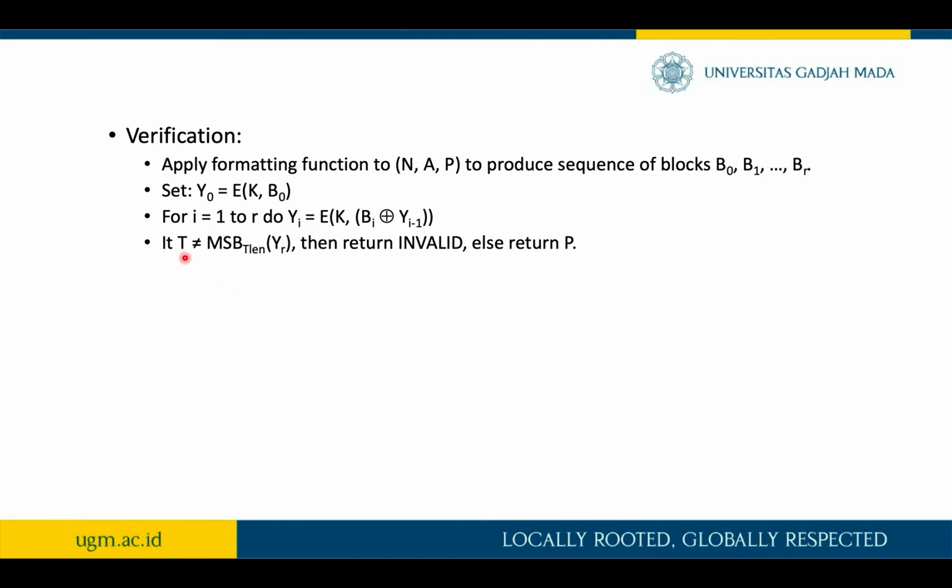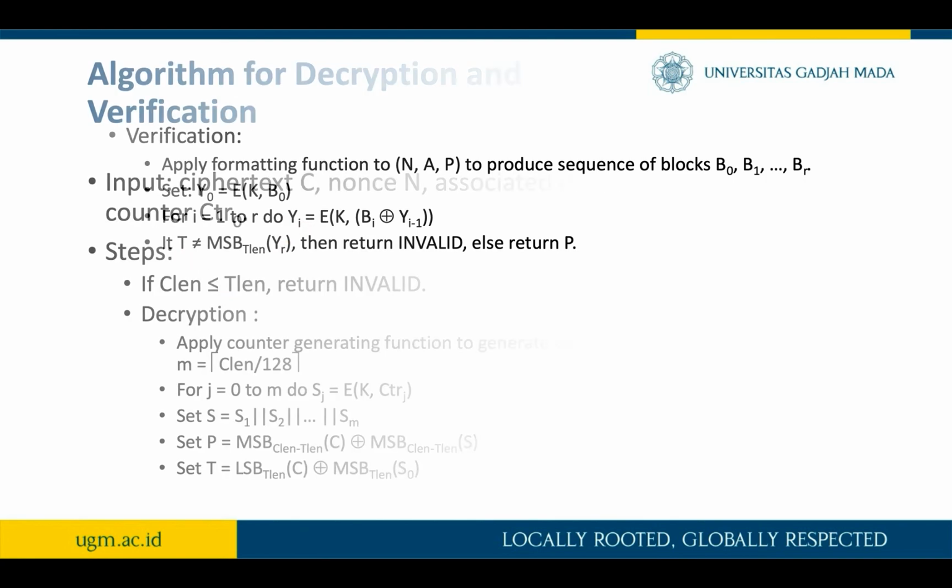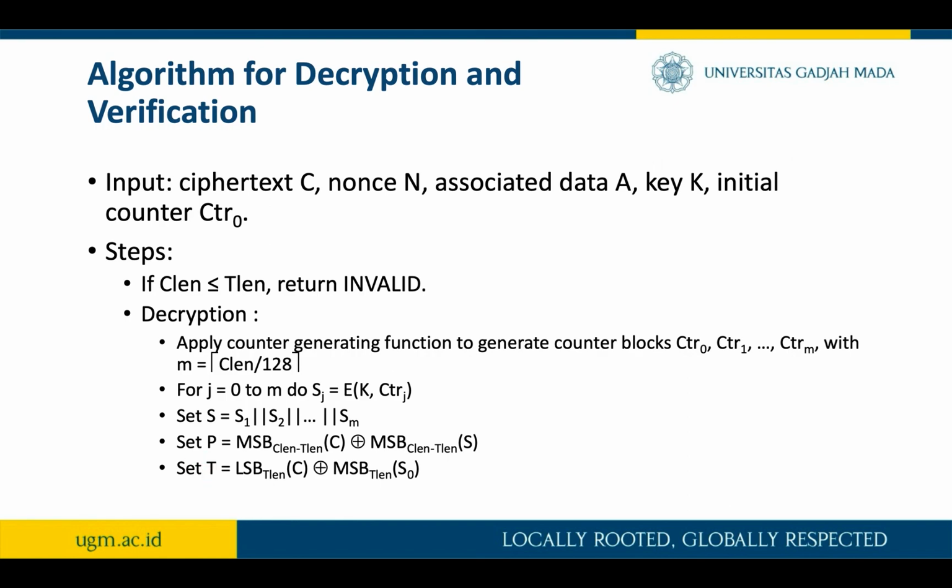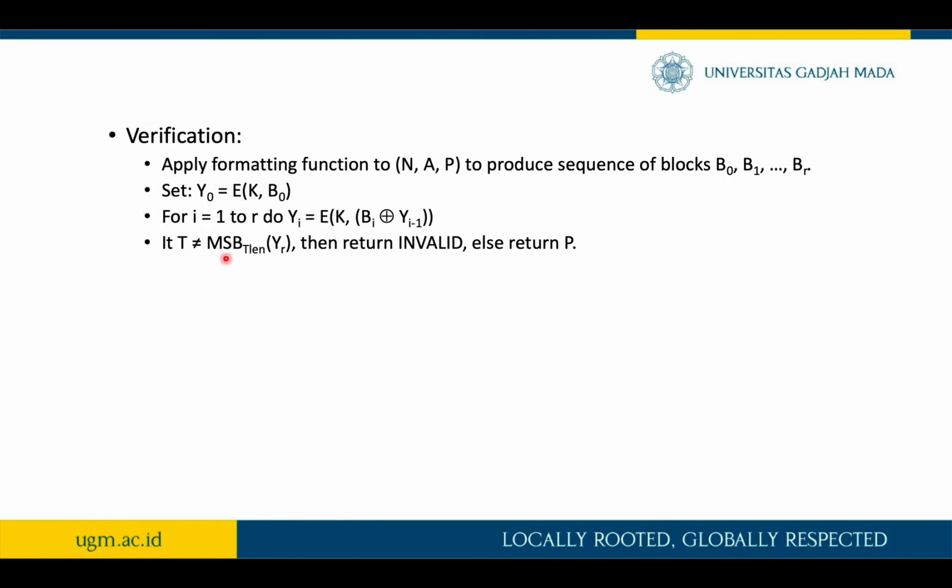If the tag produced here is not the same as the message authentication code calculated by the receiver, then the message is invalid. It means that it was modified during transmission. But if they are the same, then the message is valid.